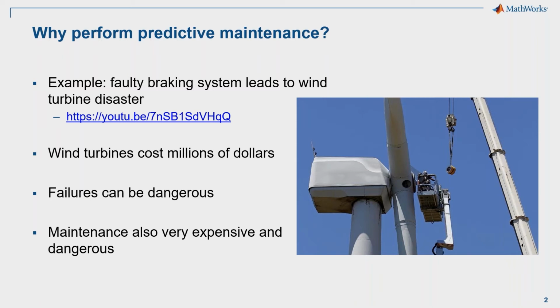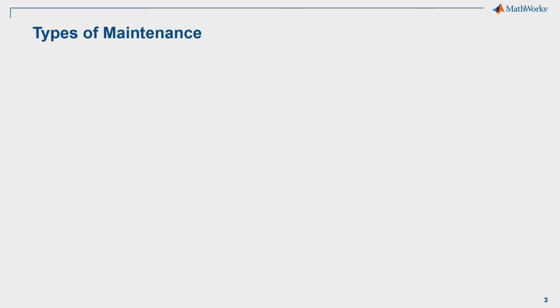So it's not the easiest thing in the world to actually do maintenance in the first place, right? So we want to look at using predictive maintenance as a way to make sure that things don't fail, but we maintain it as optimally as possible, so we're not being wasteful in how we keep these things up and going.